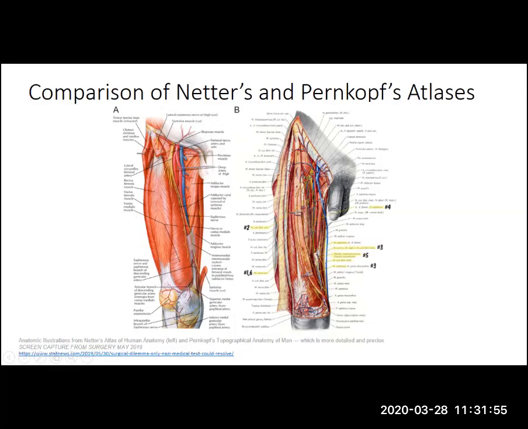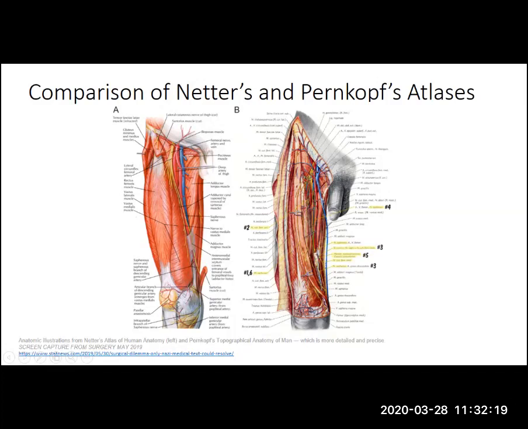And you can see that the level of detail, specificity and precision in Pernkopf's atlas is very, very different from Netter's. Netter's is good, Netter's is a great reference, but Pernkopf's potentially has a lot more information, especially for a surgeon who has to understand the very precise, very fine details here.